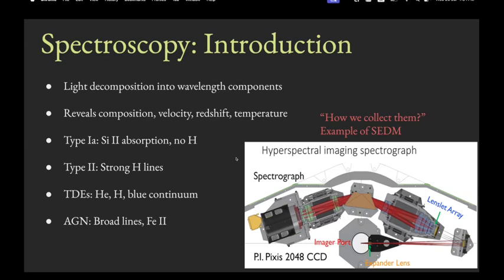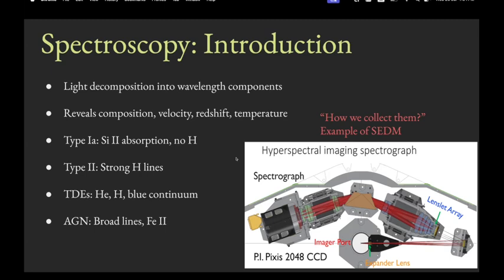For example, if we have type 1 supernovae and type 2 supernovae, one key characteristic to distinguish these two objects is whether they are hydrogen rich or not. So every type that we have has some specific characteristics, a unique signature in the spectra, and this is how we can identify whether we have, let's say, TDE or AGN or type 1 supernovae or type 2 supernovae.